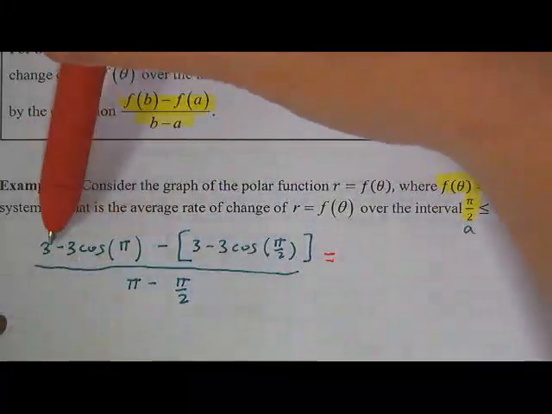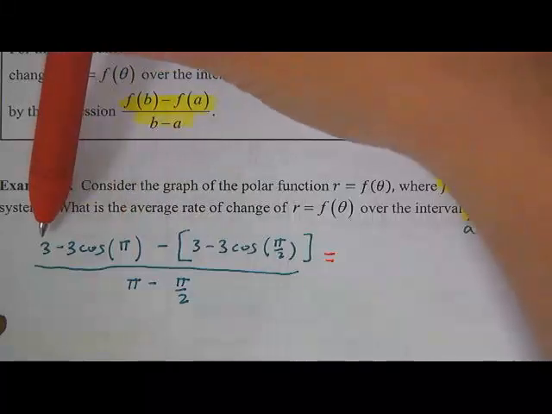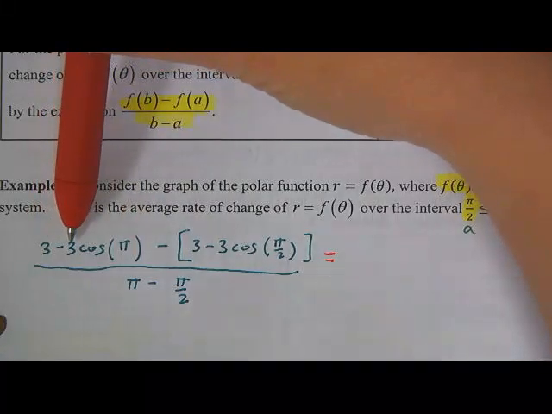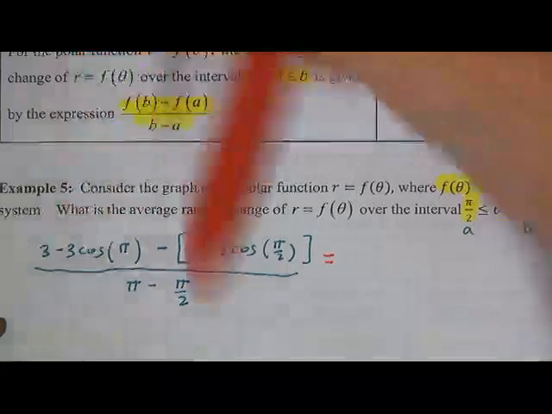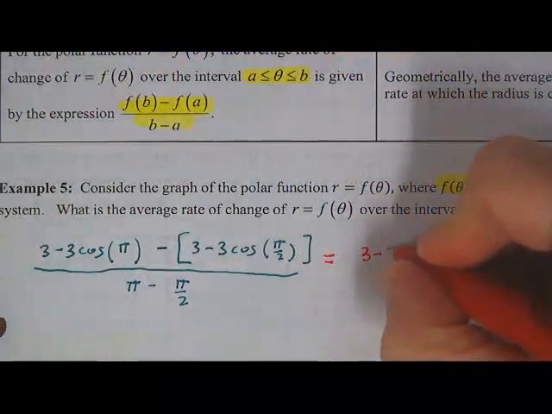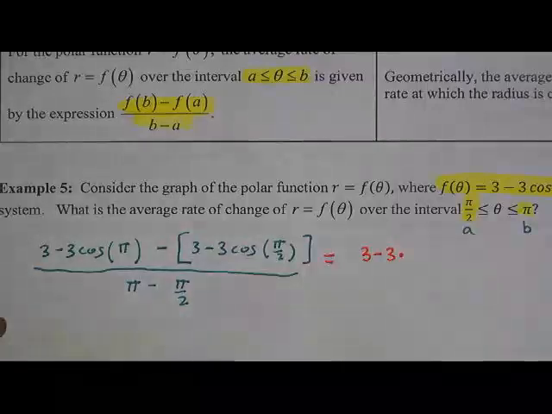What this blob of stuff says right here is 3 minus 3 times whatever cosine of pi is. 3 minus 3 times, think of a unit circle, but do not look at one. Go to pi. What is cosine of pi? -1.